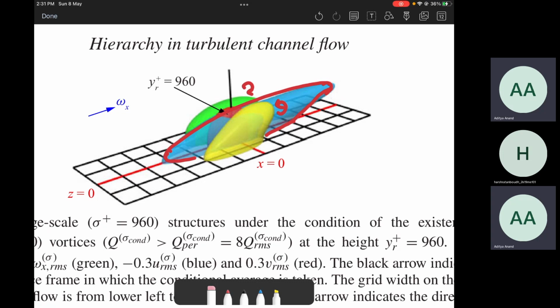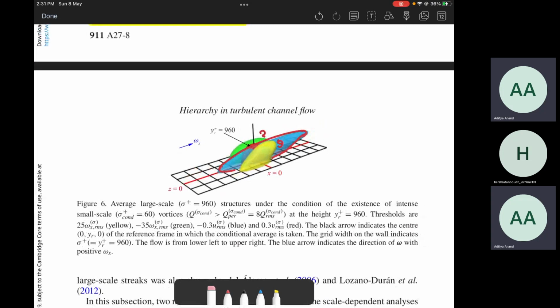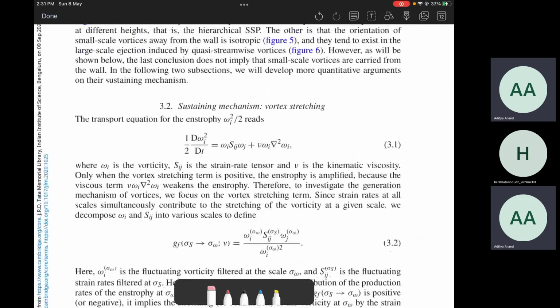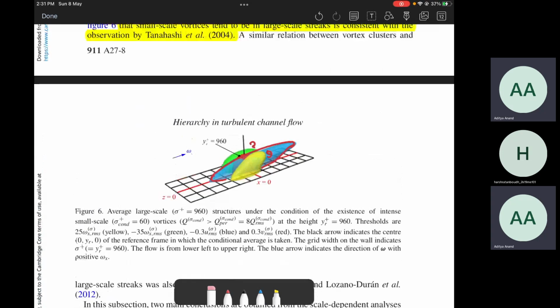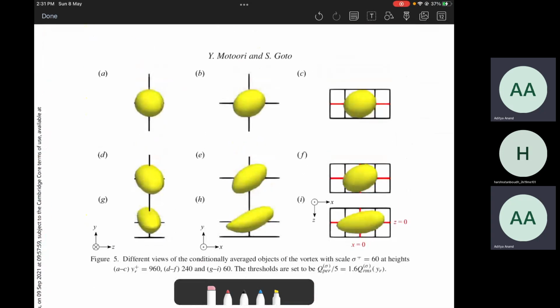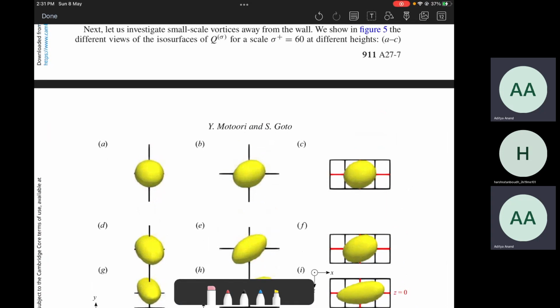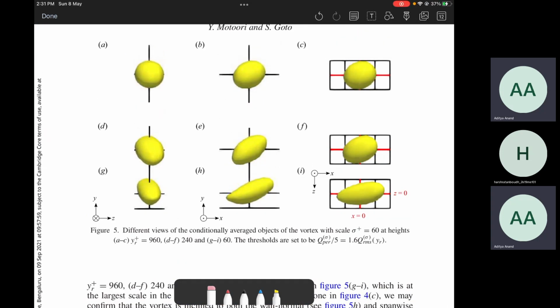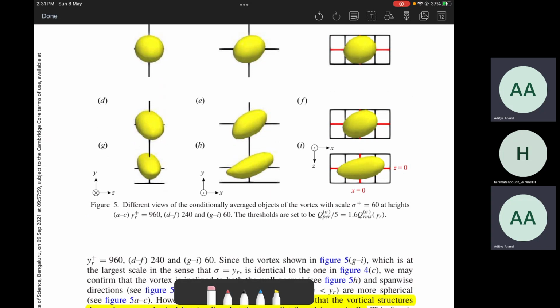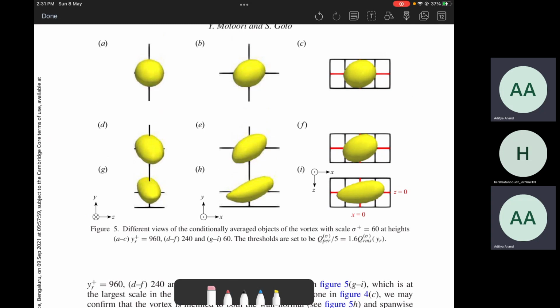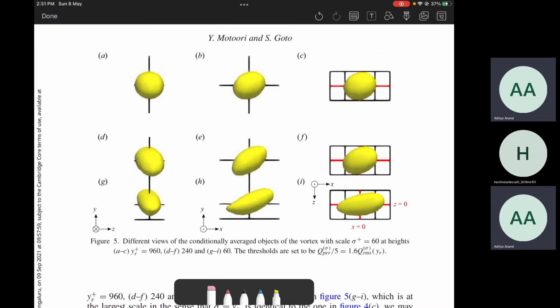They have looked at the hierarchy of these structures that are present: how the large scales are shaped, and how the smaller scales are shaped. For the smaller scales, they have shown that if you take an average of these, they are spherical in shape. Plot A to C are sigma plus 60 structures at three heights.